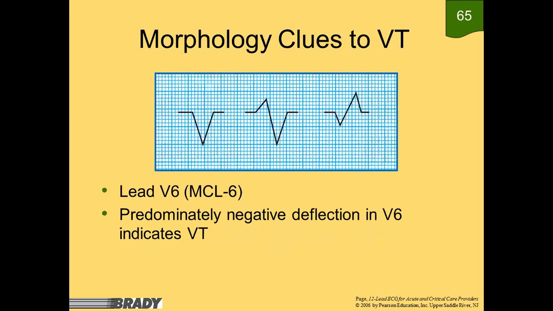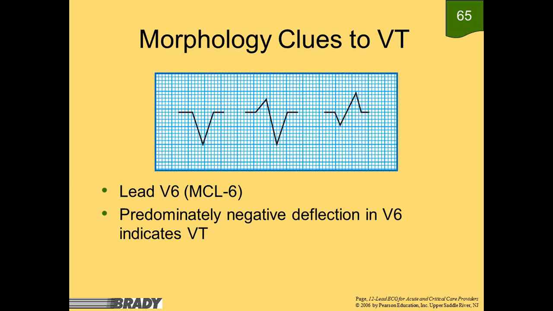So looking at lead V6, we talked about what V1 is going to look like. V6 can either be down, or in the middle one there, a predominantly negative deflection. So remember, we look at how many boxes it goes up and how many it goes down. The greater one is what we're going to count. The first one is all down.